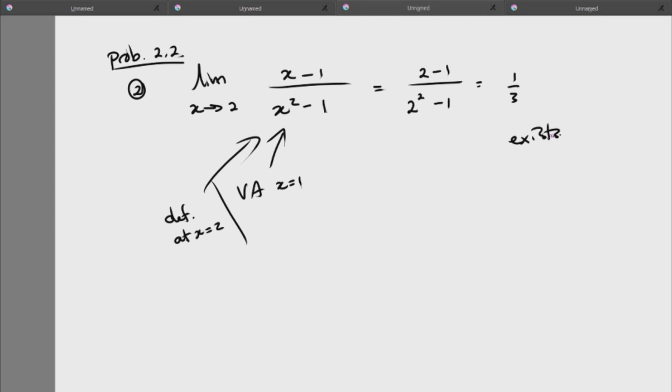So I don't want to go in expecting the worst every time. It depends on the function, and it depends on the x value that they are asking me to examine. And it might not be one of the problem x values for that function. You can't just assume, oh, this limit, I see a rational function, so it's always going to be an x value where there's a problem.